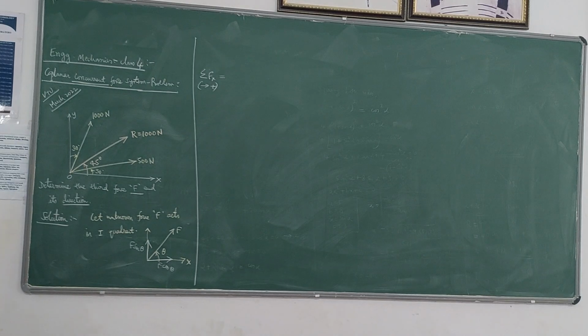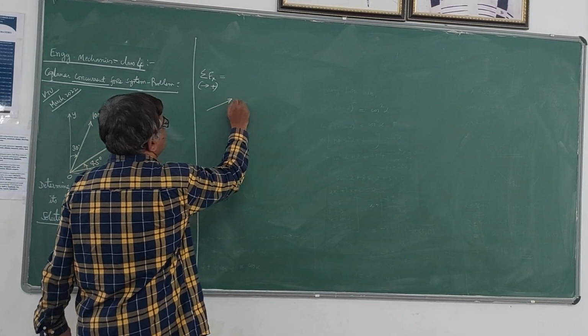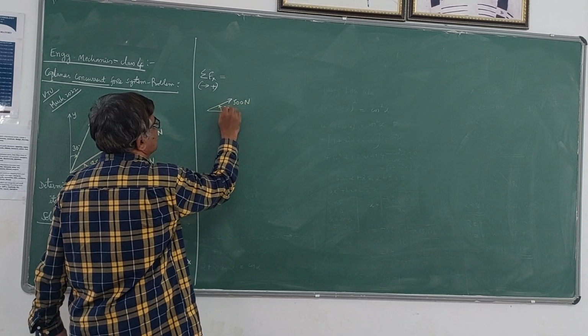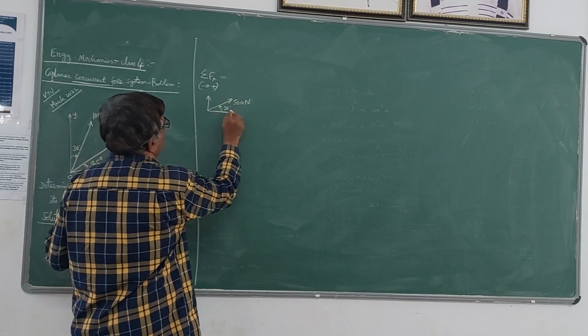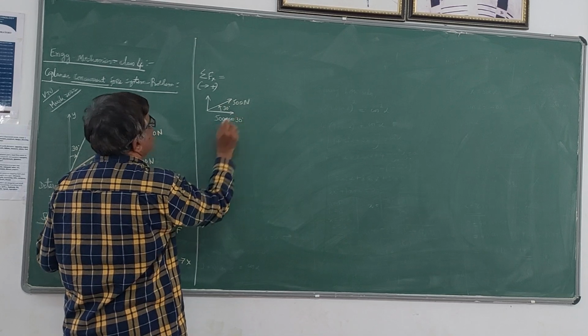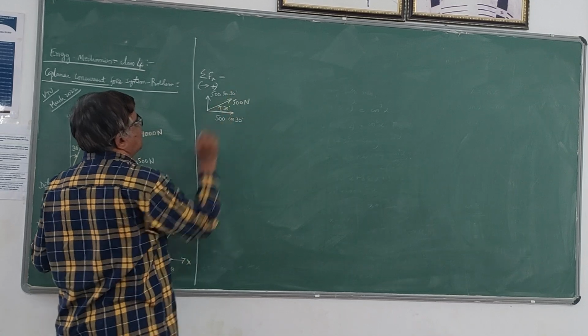Now we have to resolve these forces. So let me take this 500 Newton force, acting at 30 degrees with x-axis. So both components are positive here. 500 cos 30 is the horizontal component and 500 sin 30 is the vertical component.